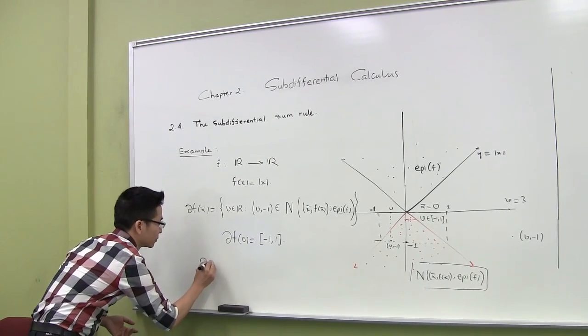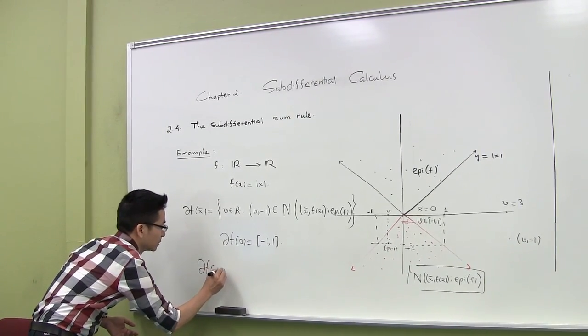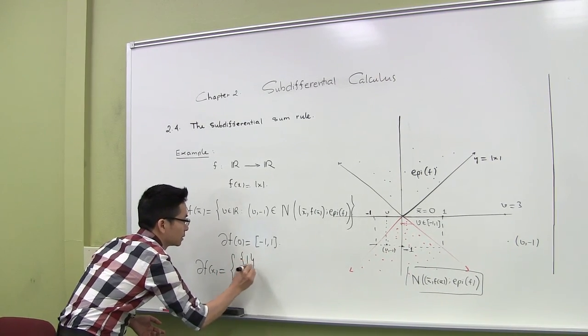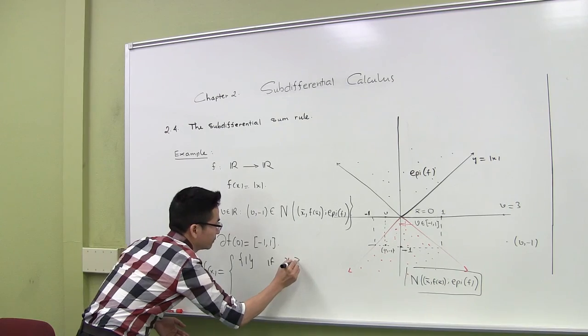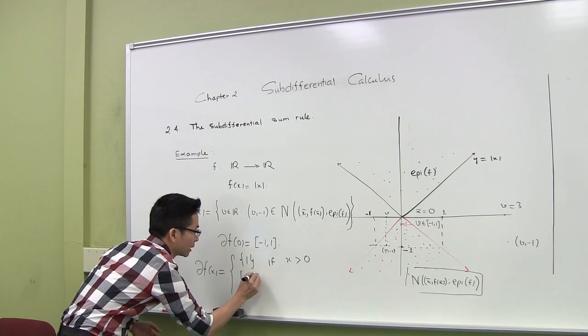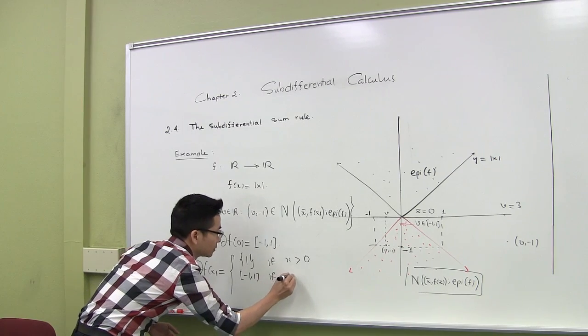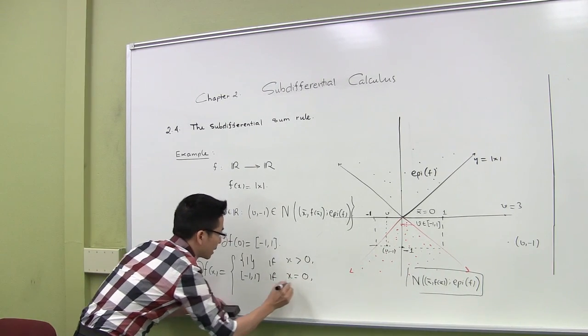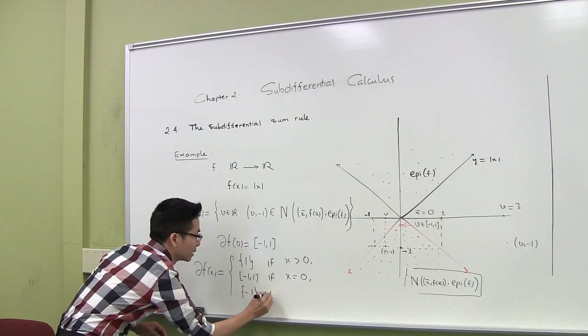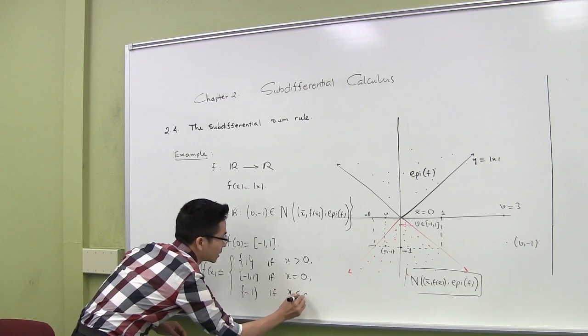So subdifferential of f at x is equal to 1 if x is positive, and is equal to the closed interval minus 1, 1 if x is equal to 0, and is equal to the singleton set minus 1 if x is less than 0.